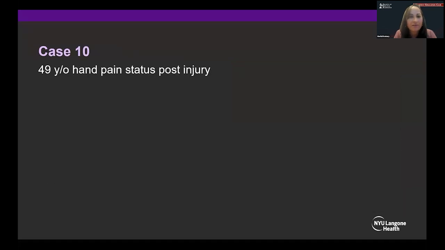Okay. Our next case, we have a 49-year-old with hand pain after injury.